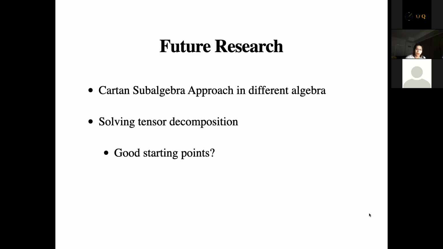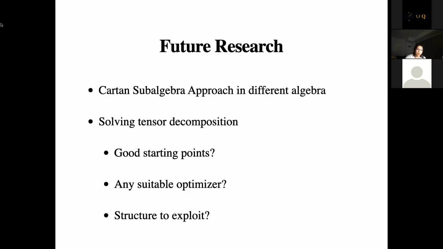So that's one direction. The other is that we're using a particular optimizer that uses gradient descent, but potentially because of the structure of the problem, there may be other optimizers more suitable for solving this tensor decomposition. This is just something that we haven't looked at.